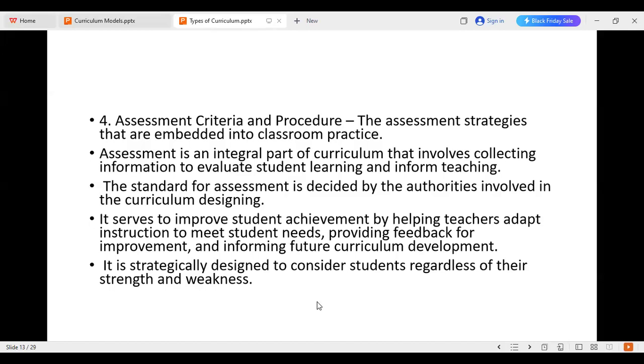Students have the right to know how they are assessed, how marks are provided. It cannot be just giving marks; the assessment process needs transparency.